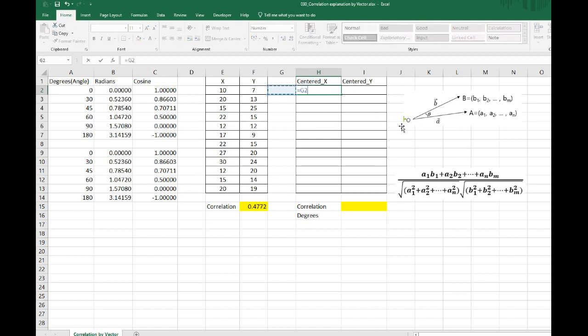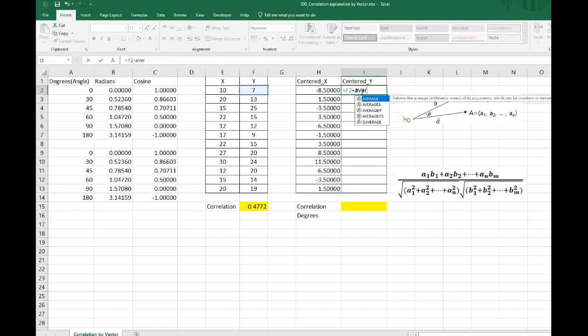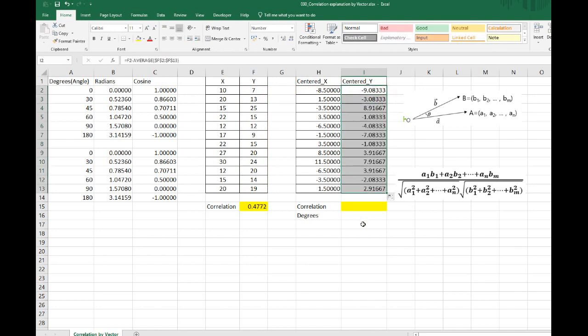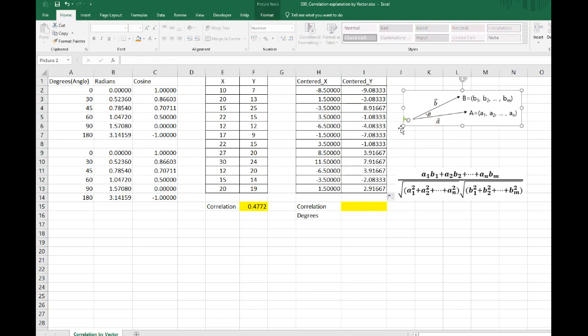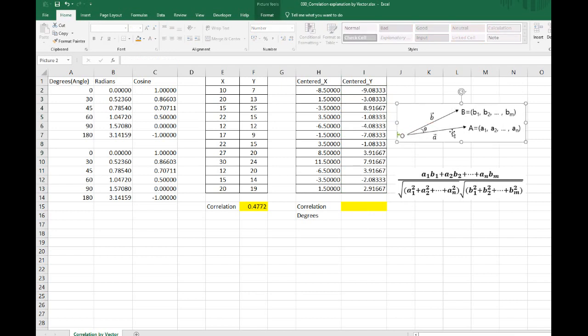So x minus average, press F4. Y minus the average of all y values, press F4. Right, because I mentioned that these two vectors start from the origin.